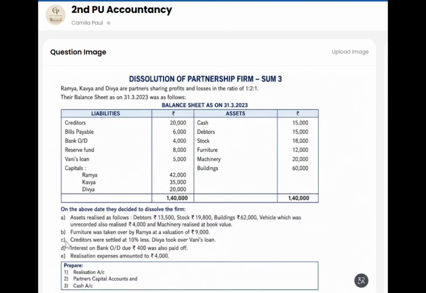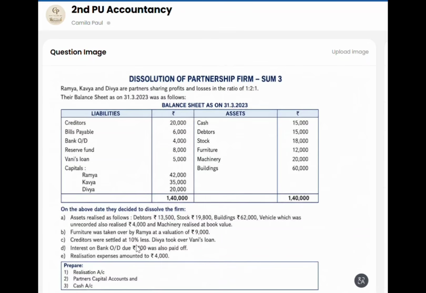Now moving on to the other adjustment, it says how the liabilities are being paid off. So creditors were settled at 10% less, and Divya took over Vani's loan. So creditors are paid off at 10% less, and Vani's loan is taken over by the partner Divya.